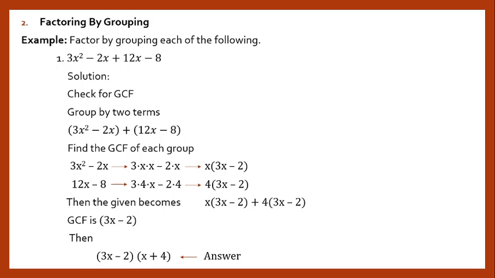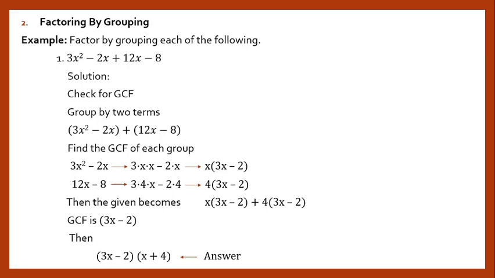Okay? So, ito, yung ginrupo ko na 3x squared minus 2x, kapag finactor out ko, mapapansin ninyo na ang GCF nila would be x. Okay, tapos sinulat ko na kapag finactor out ko yung x, ang maiiwan na sa parenthesis is 3x minus 2. So, na-eliminate ko na siya.